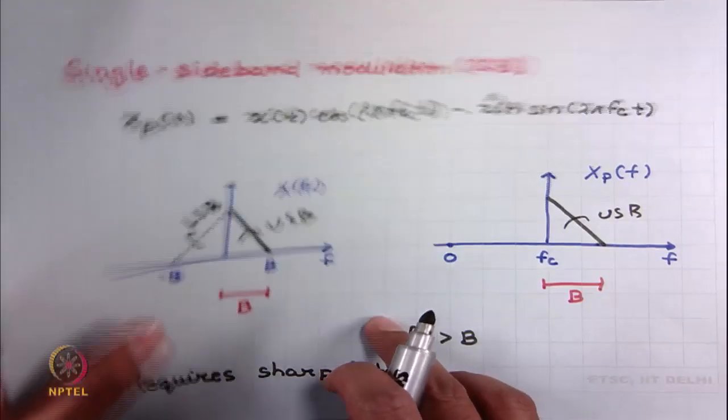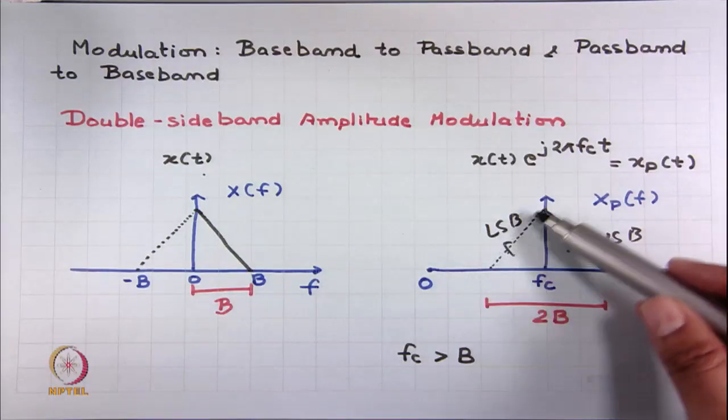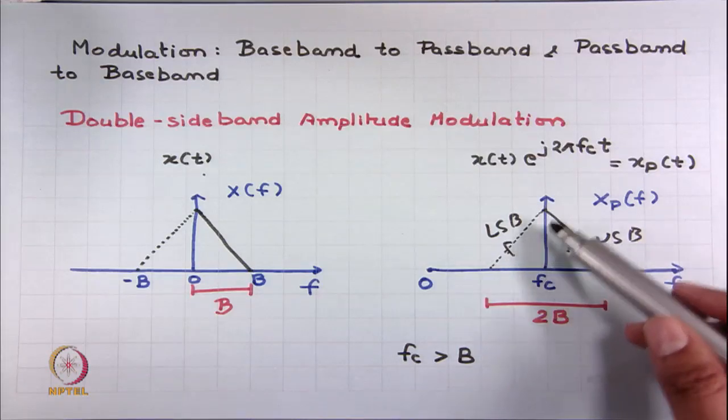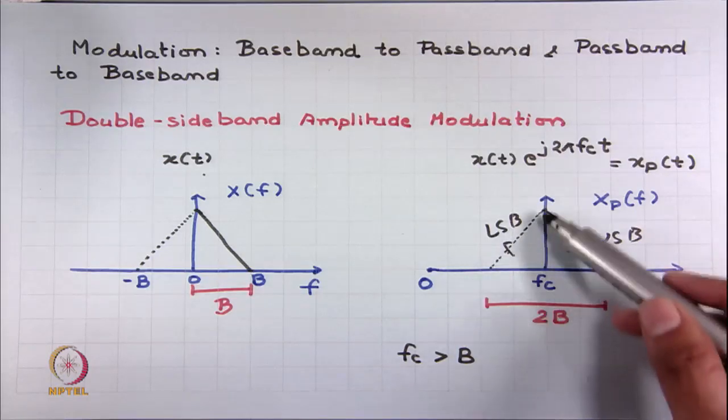If I look back at this double sideband modulation scheme, you see that we have a dashed line and a solid line. It simply says that the information in this part is redundant.